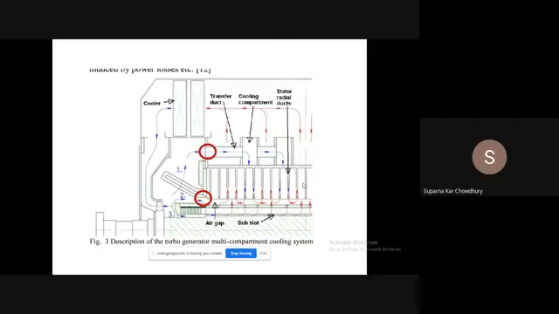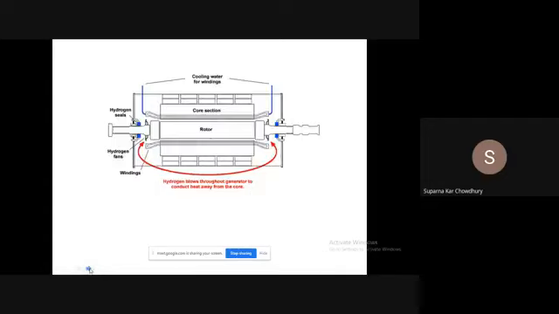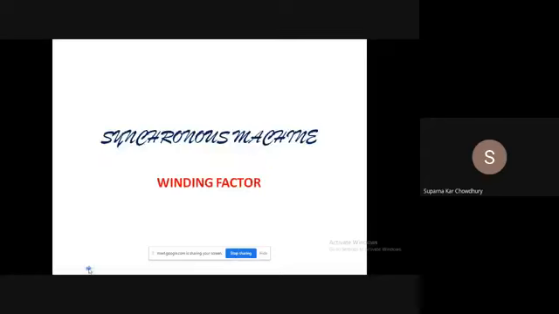So it is not possible to go into all those details, and I am not an expert on all those subjects, but in general this is in a nutshell the basic construction of a synchronous machine. Now we will go to the theory. This is a picture for this hydrogen cooling. Now we will go to machine theory.